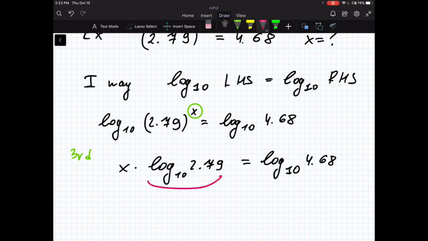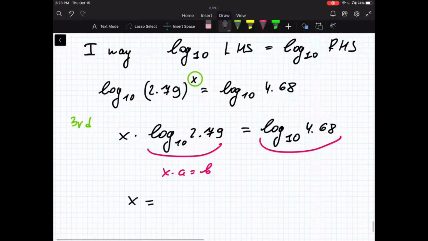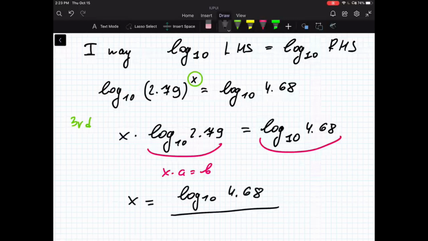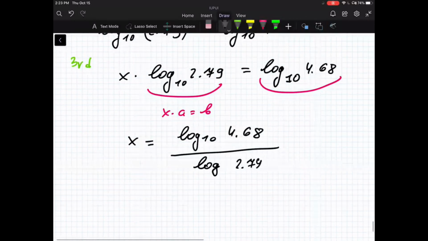This is some number and this is some number, so I get basically that x times a is equal to b, and thus x will be logarithm of 468 with base 10 divided by logarithm of 279 with base 10.